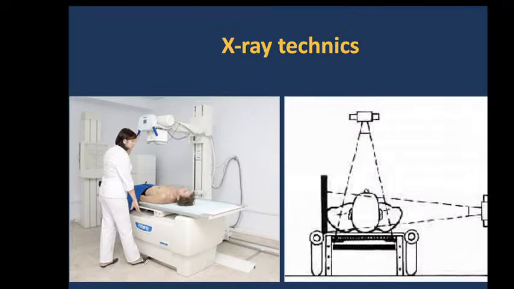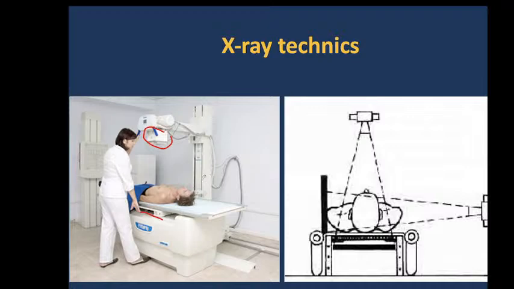X-ray technique: I would like to remind you of the technique of ordinary X-ray examination. Unlike visible light, X-rays pass through the body, and the research object is placed between the X-ray source and the receiver. Here is the X-ray source and here is the receiver.